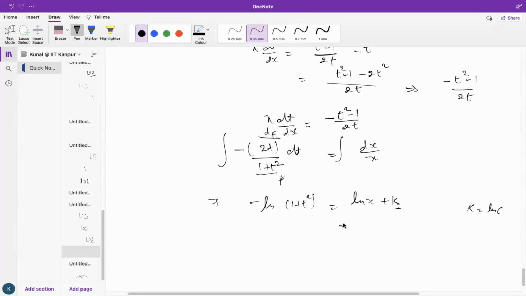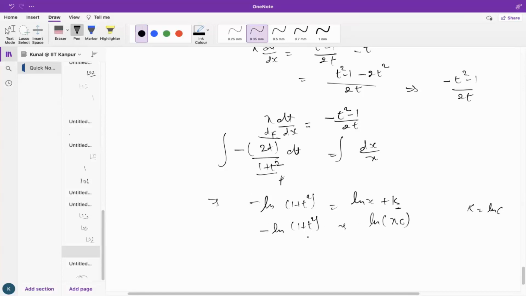So we can write now minus of ln(1 plus t square) is equal to something like ln xc. Let me write it in a clear way. We can write here ln xc.